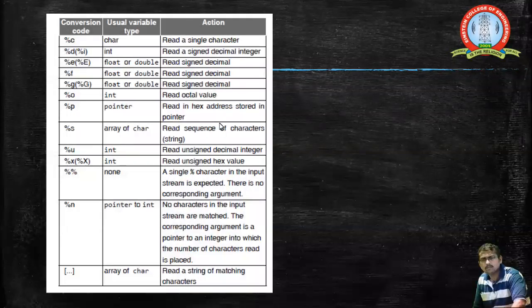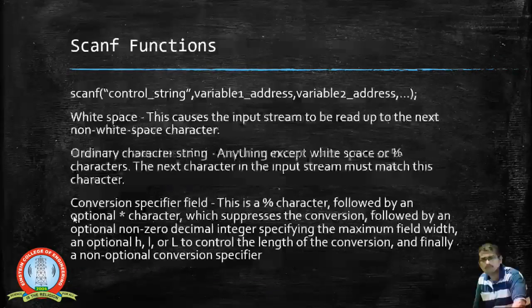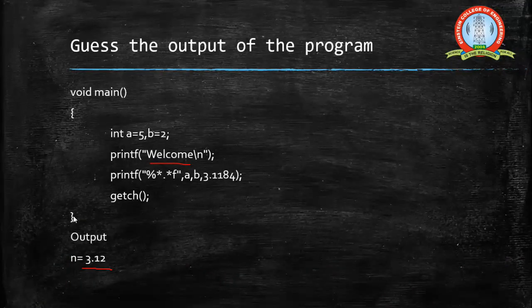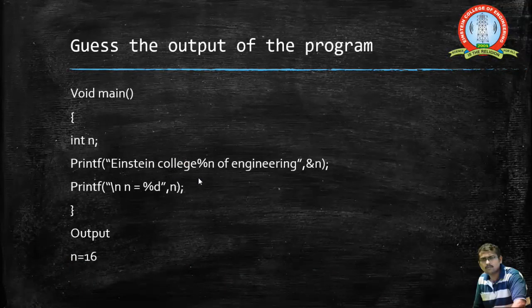Now the conversion code, as I said, you can have %c, that we already know, what we have already seen in the case of a printf statement. Likewise, we can have all these inputs for the scanf statement also. Similarly, as we used %n previously in this program, in one particular slide I mentioned the use of %n here.